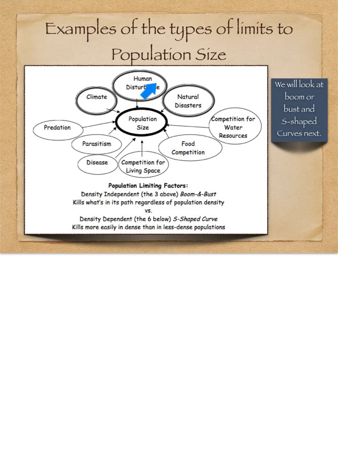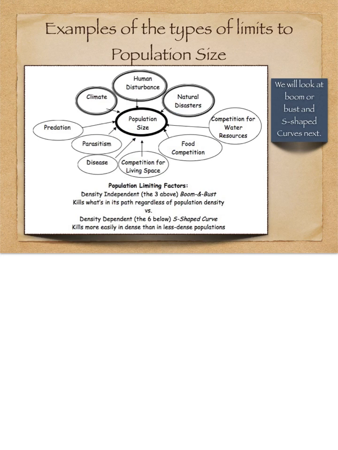Now, that won't matter if you only have 2 deer or if you have 100 deer. You destroy their habitat, the population size is going to come down. So a disturbance by humans, in whatever way that disturbance comes, is going to impact the population size, and it doesn't matter what the population size is.